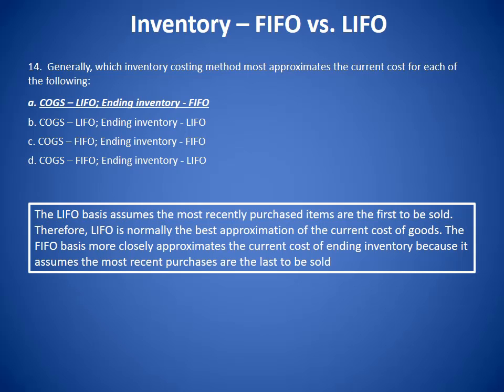Therefore, LIFO is normally the best approximation of your current cost of goods sold. The FIFO basis more closely approximates the current cost of ending inventory because it assumes the most recent purchases are the last that are going to be sold.